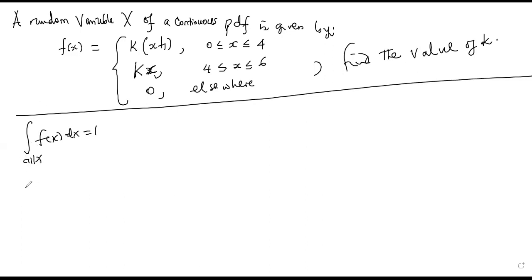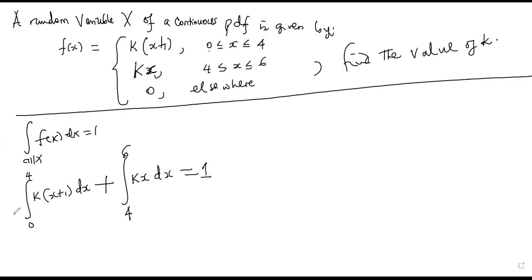So it implies that the integral from 0 to 4 of the first function, kx plus 1 dx, plus, because there is another interval, you also put the integral from 4 to 6 of kx dx, is equal to 1.